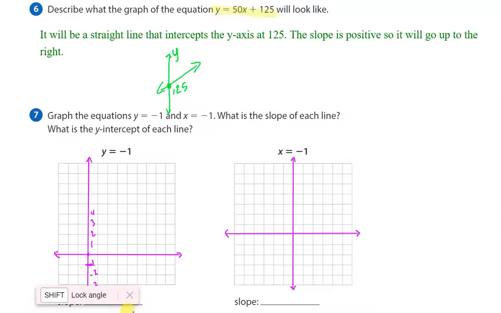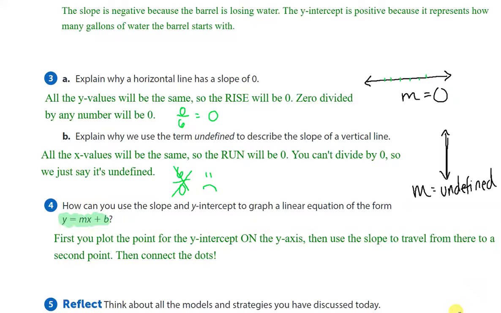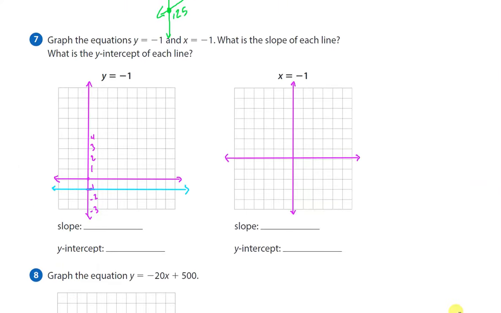I'm going to make it a blue line. There we go. So the slope, and what did we say about the slope for horizontal lines? 0. And the y-intercept is -1, because that's where it is.